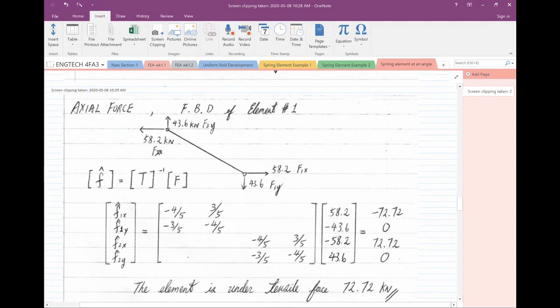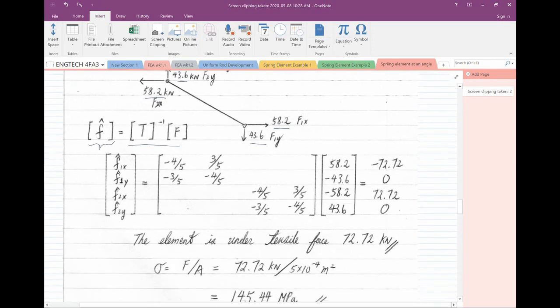Note, this is the force acting in the global reference frame. Our job is to turn that into the F hat, the local reference frame. So we know these are the forces acting along the rod.